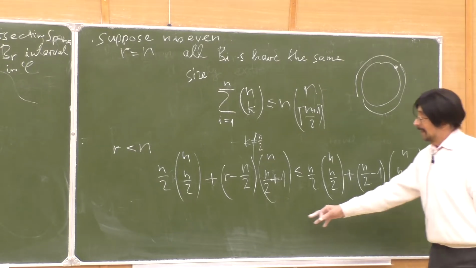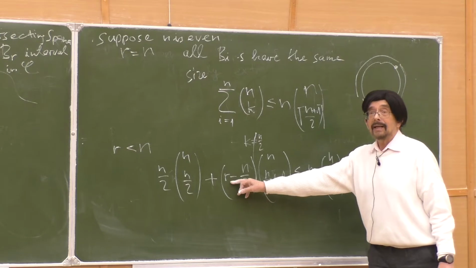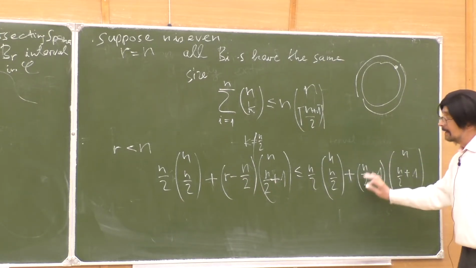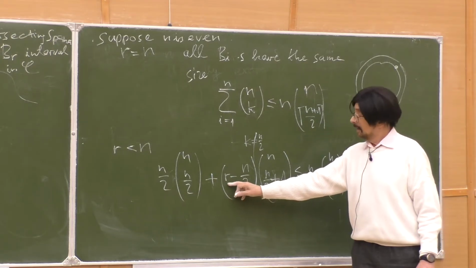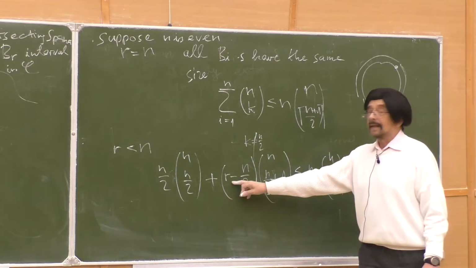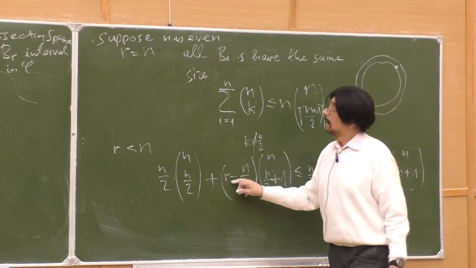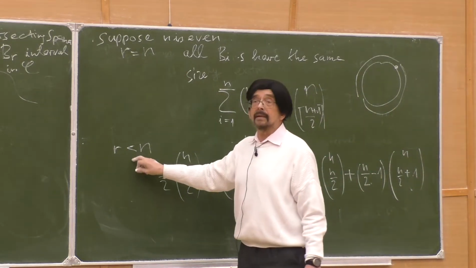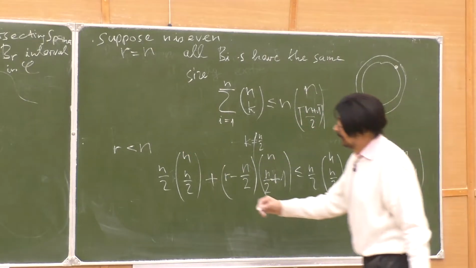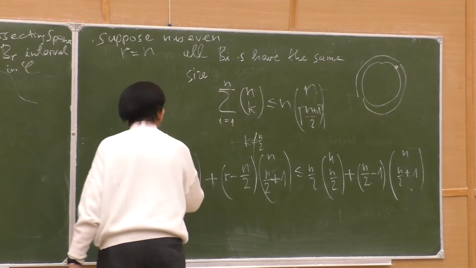Because if it's equal, R, this is n, then R is, I'm sorry, if this is n half then R is n. And this was the previous case. So R is less than or equal to n-1.